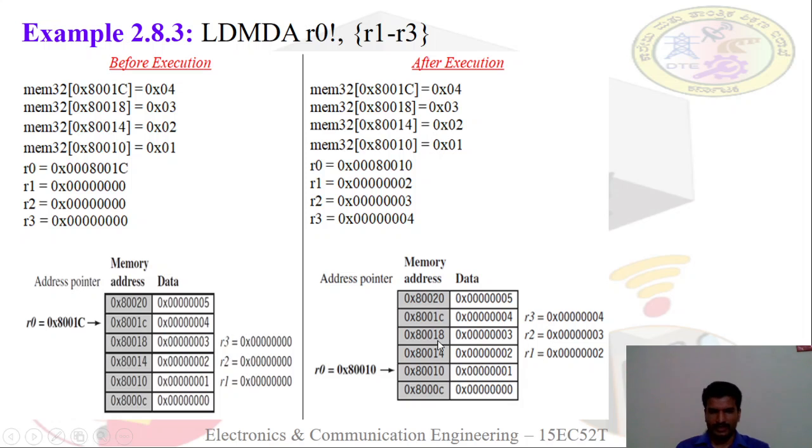So here, see, 80010 is the lowest address and 8001C is the highest address, right?